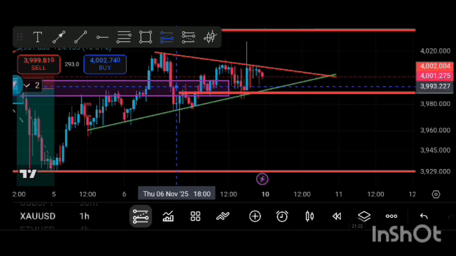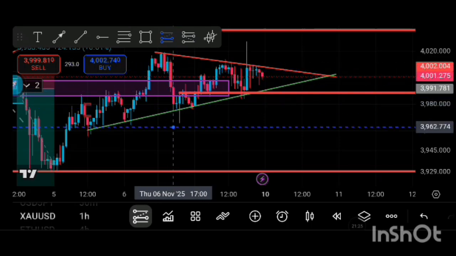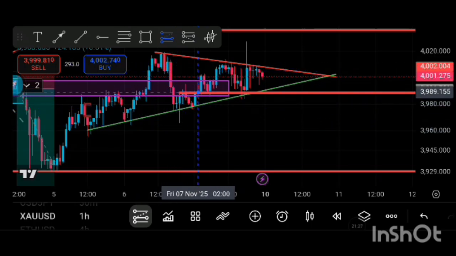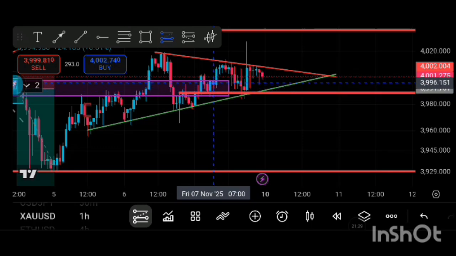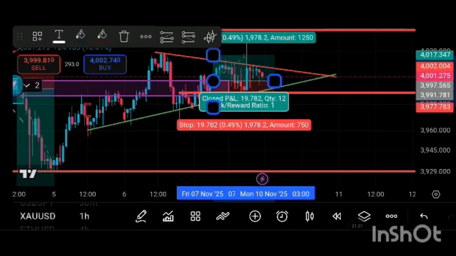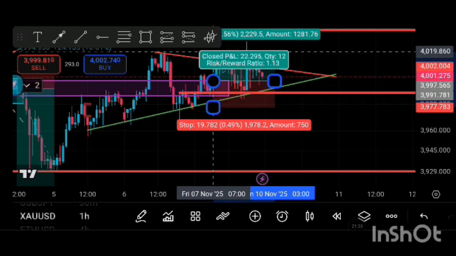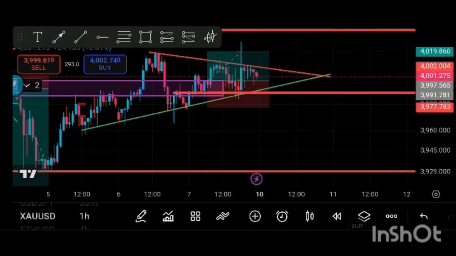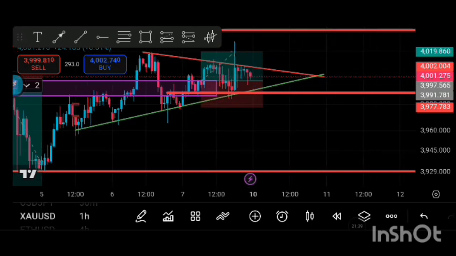Basically just see a W, 1, 2, came back to the neckline, so you could have just entered in there, and then take profit, not at that high there.